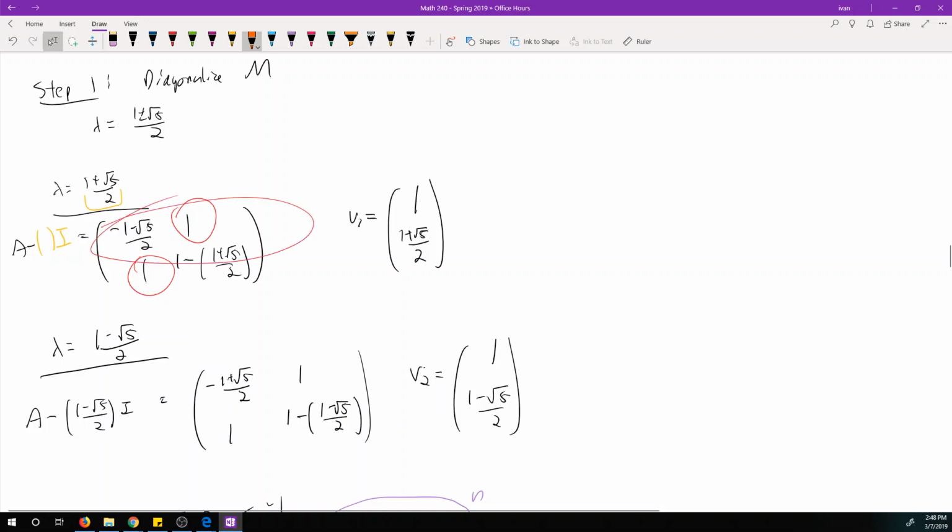Anyways, if I take a look at the first row, what you'll notice is that if I have 1 times this first value, then I just need the negative in the second value, right? Because then they just cancel each other out.